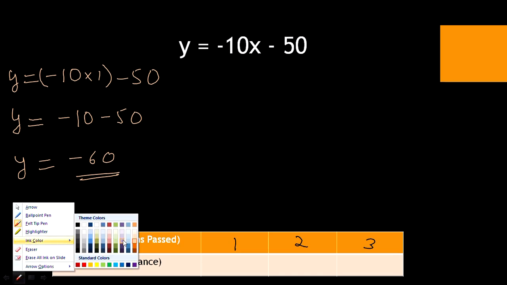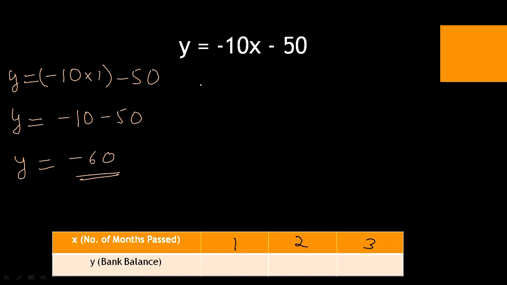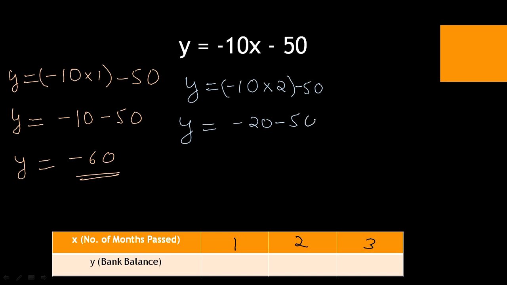Now after, let's say, 2 months have passed, the equation becomes y equals minus 10 times 2 minus 50, and this becomes minus 20 minus 50, and so y equals minus 70.